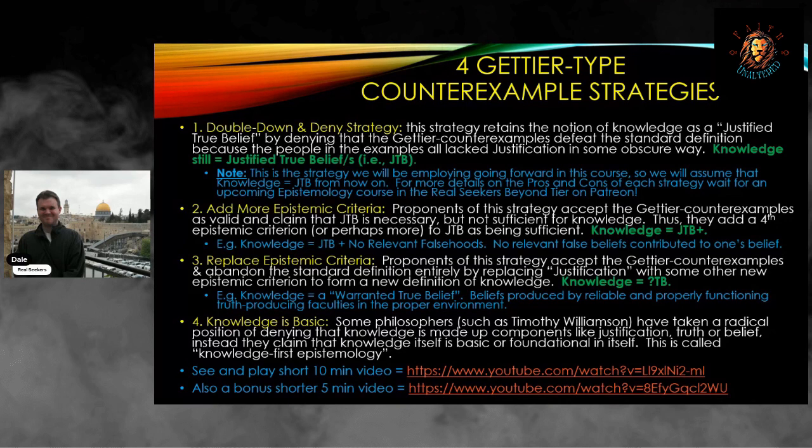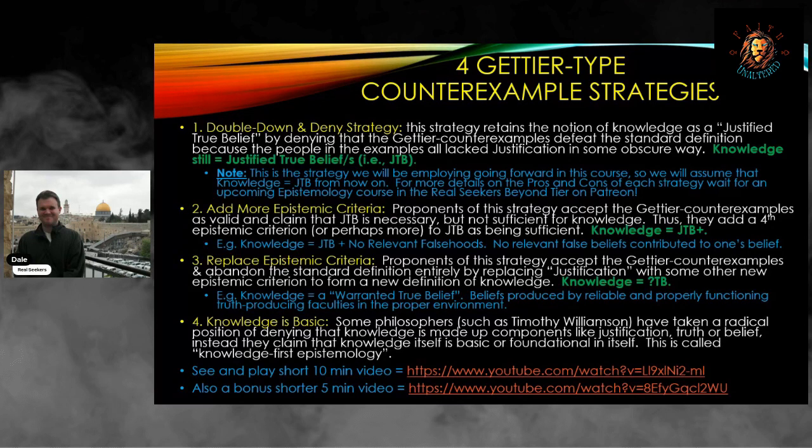And just note, for the purposes of this course, this is the strategy that we're going to be employing going forward. We will be assuming in this course that propositional knowledge or knowledge proper equals a justified true belief. Now, obviously, there are pros and cons against the different strategies.